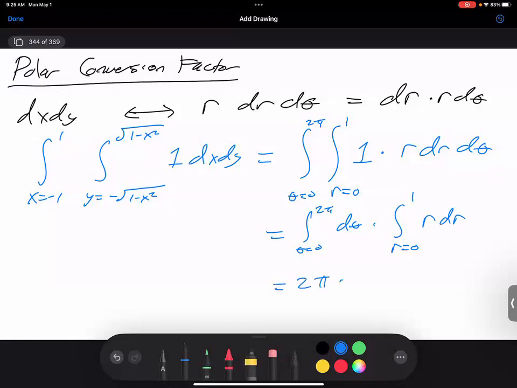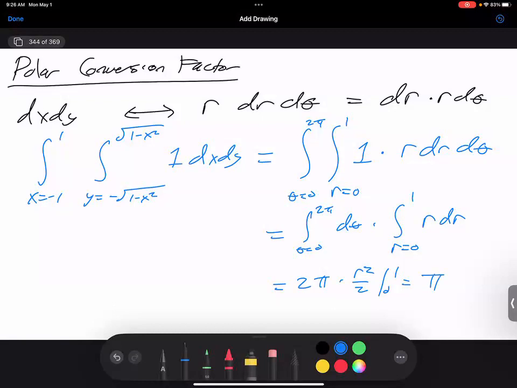And what's the integral of r from 0 to 1? Not 1. What function has derivative r? 1/2 r squared. Right. So it's going to be r squared over 2 evaluated from 0 to 1. So you get 1/2. So you get 2 pi times 1/2. So you get pi. We do get the area of the circle. And if I did a radius capital R, I would get that.